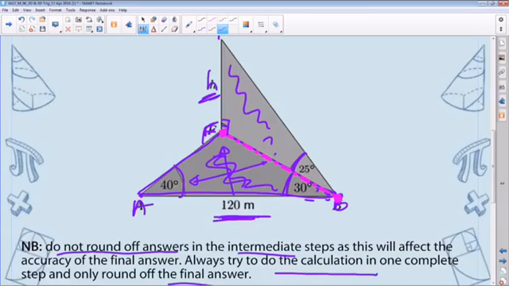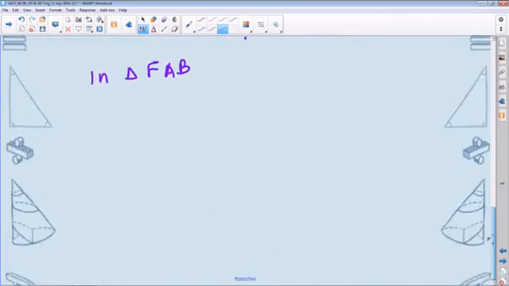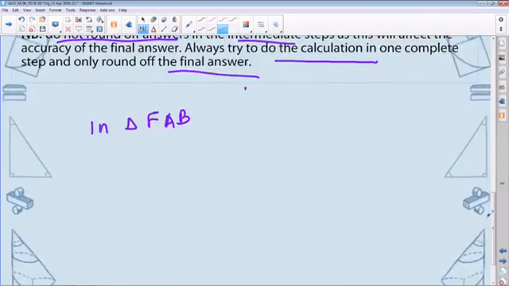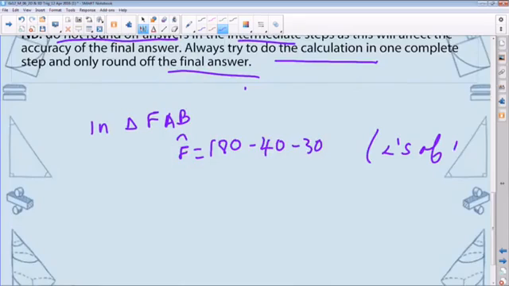In order to use the sine rule, I need to work out angle AFB. Okay, and because we use angles in a triangle, we can work that out quite easily. So angle F is equal to 180 minus 40 minus 30, and this is angle sum of triangle. All right, so therefore angle F will be 110 degrees, 180 minus 70.